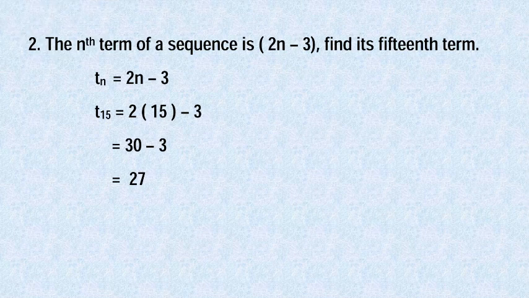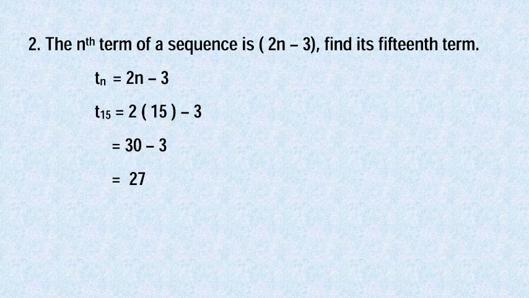Question number 2. The nth term of a sequence is 2n minus 3. Find its 15th term. The nth term is always represented as Tn. Tn is equal to 2n minus 3 is an equation only for this particular problem. That is why it is said that for that sequence the nth term is defined by the formula 2n minus 3.